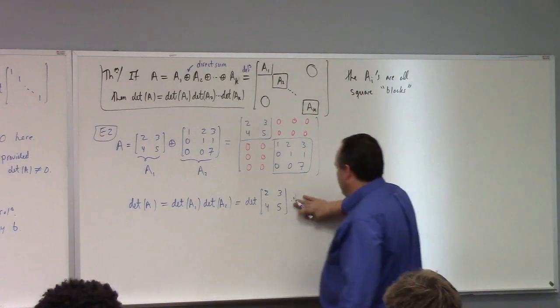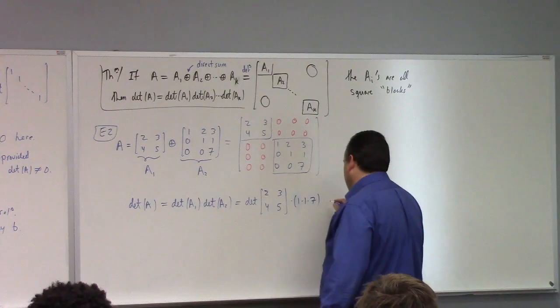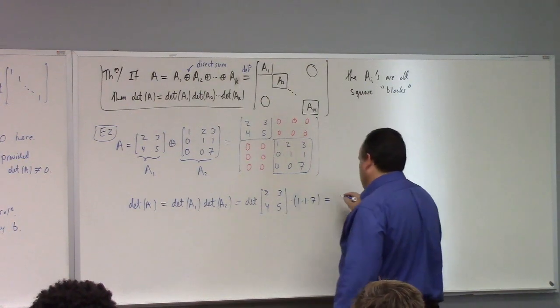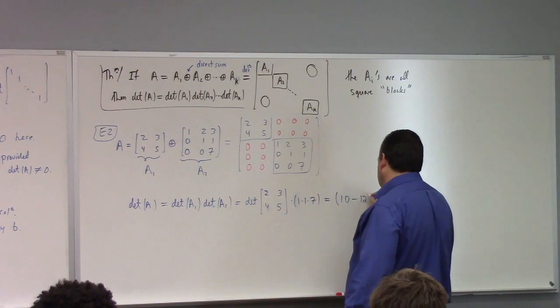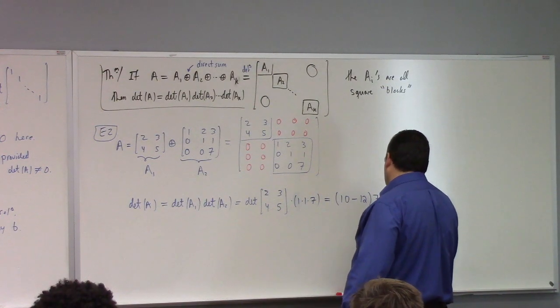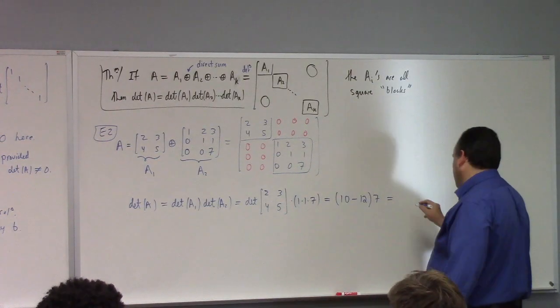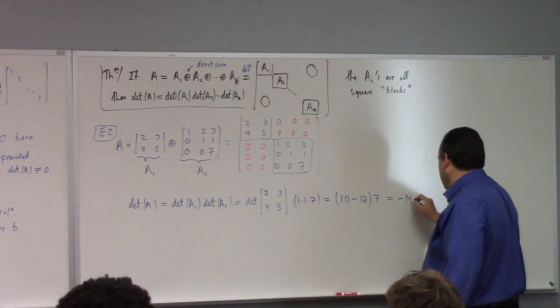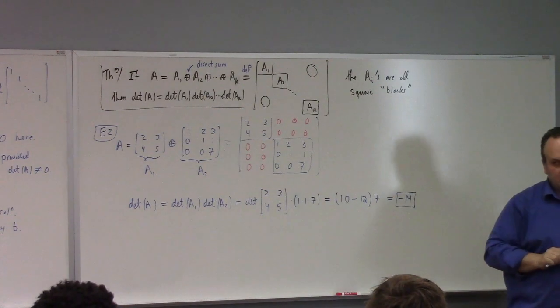Here, I'll show my work: 1 times 1 times 7. There you go. Then that's 10 minus 12 for the 2 by 2 determinant, all times 7, which is minus 14. So the determinant of this 5 by 5 matrix is minus 14.